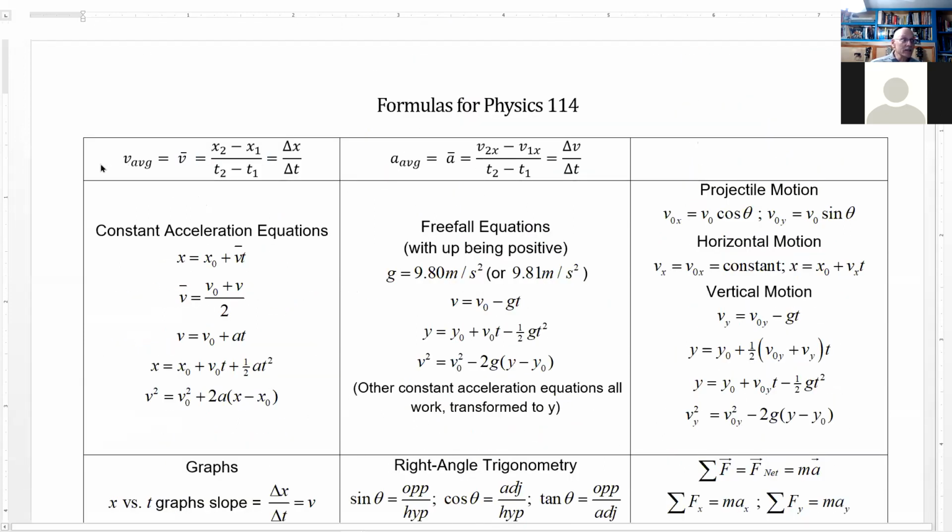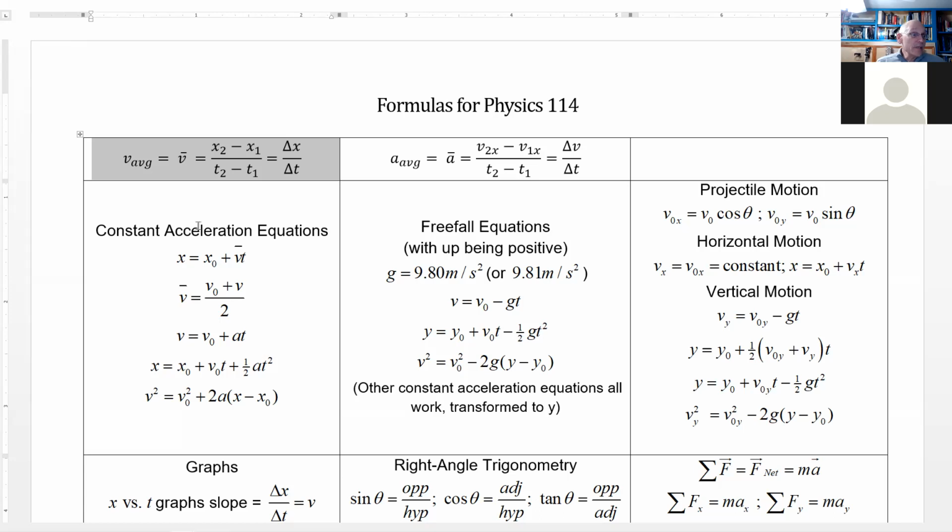Today, pretty much the only equation we're going to be using is this one up here in the top left-hand part that's looking at average velocity. We may introduce a second equation today, but mostly we'll just be working with that average velocity formula.